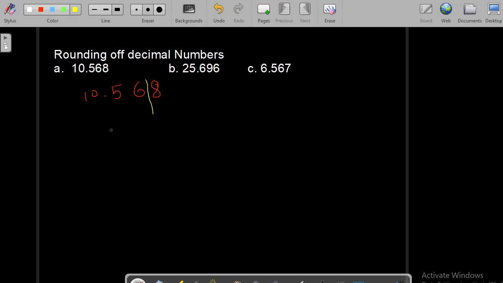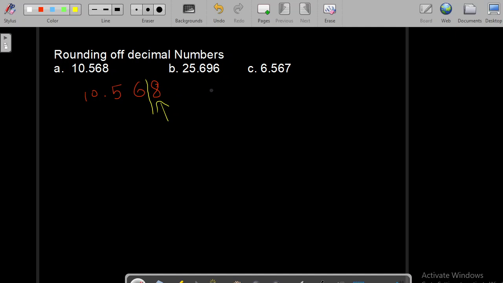We will have to observe the number carefully. If we write the number up to two decimal places, it will not be 10.56. So what will it be? We have to observe, after cutting the number up to two decimal places, the immediately next digit, here it is 8.